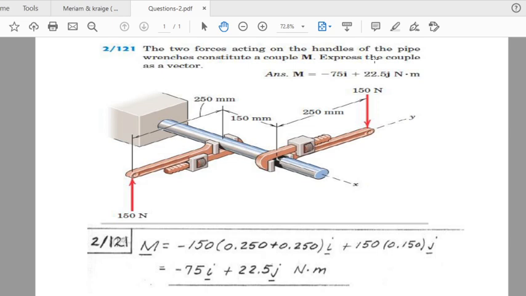R bar is equal to 150 i plus 500 j, or as the answer is given in Newton meters, we can convert this position vector to meters.